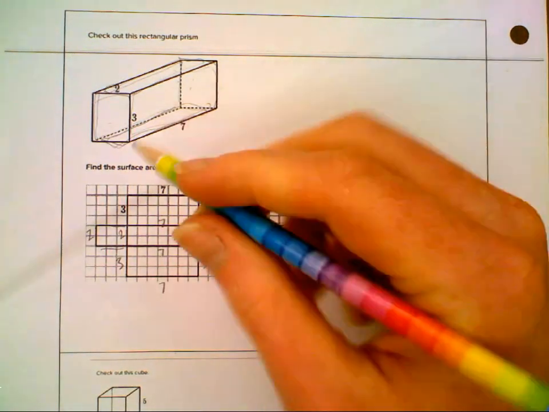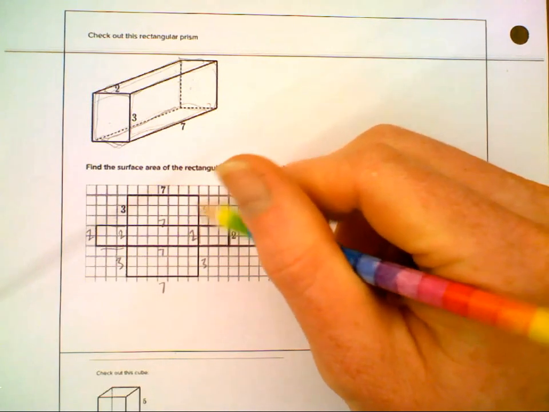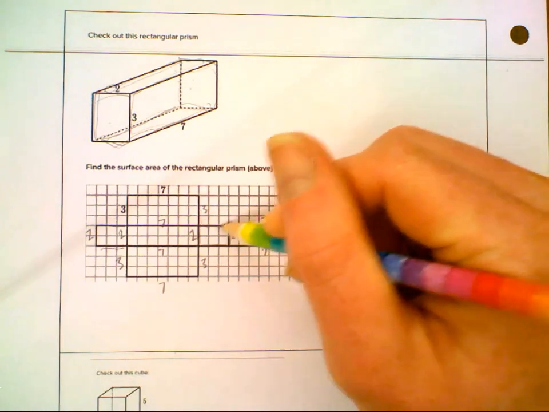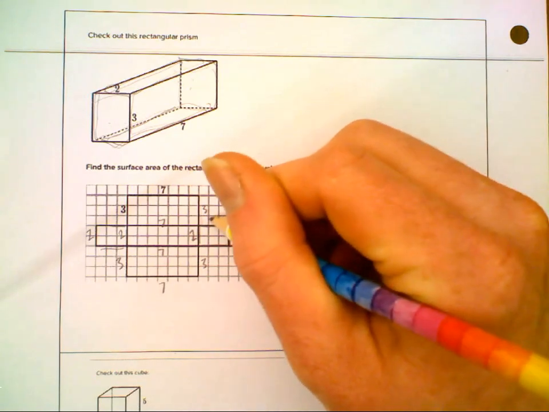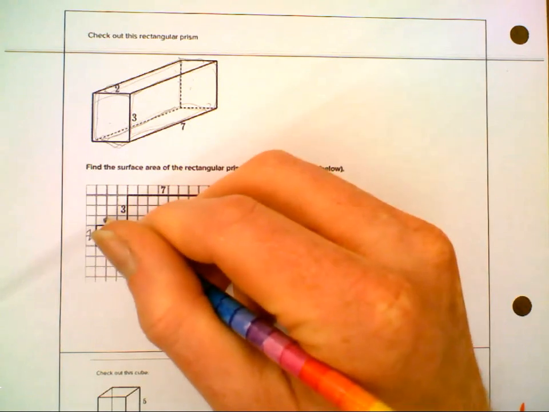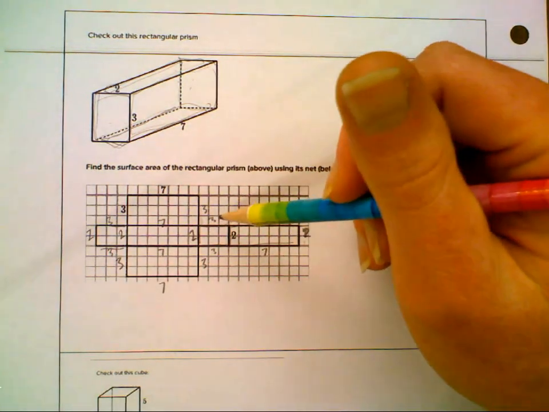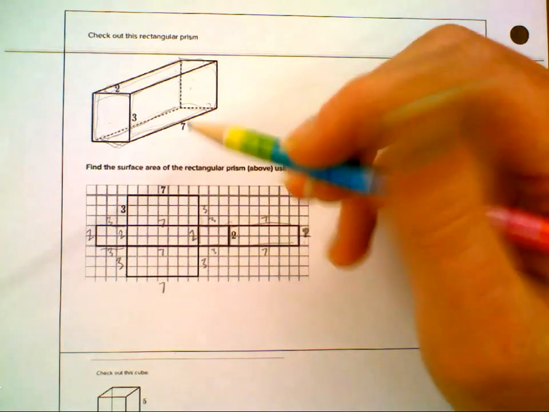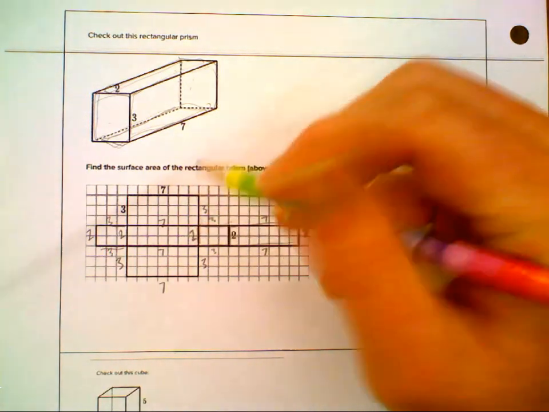And then I need to label this one. Now I know this one meets with this one. They share a side, so they're going to be the same length. And I can check by counting 1, 2, 3, 1, 2, 3, and the same here, 3 and 3. Okay, so now that I've labeled it, it's even easier to see that there are different amounts of these shapes.